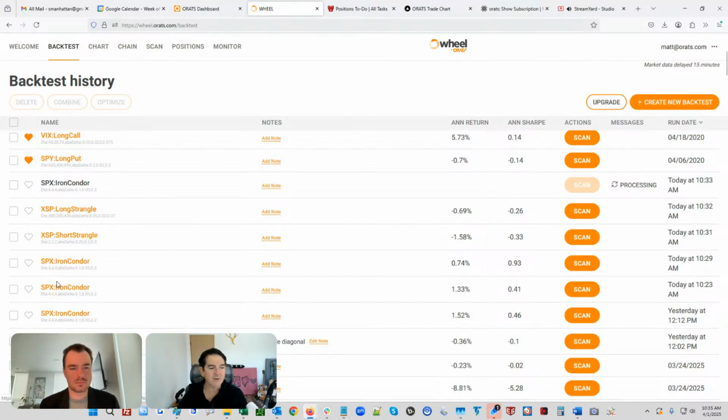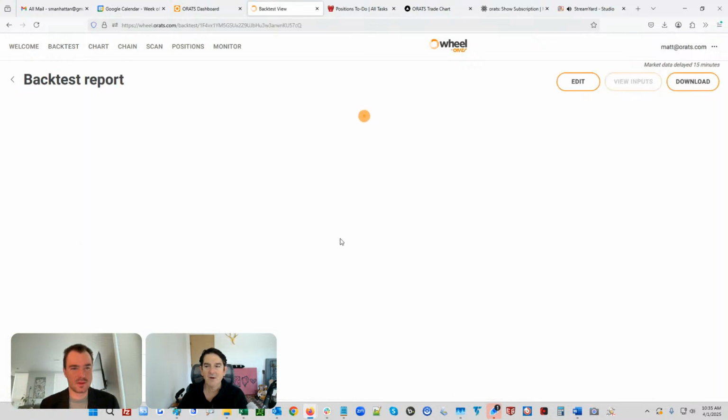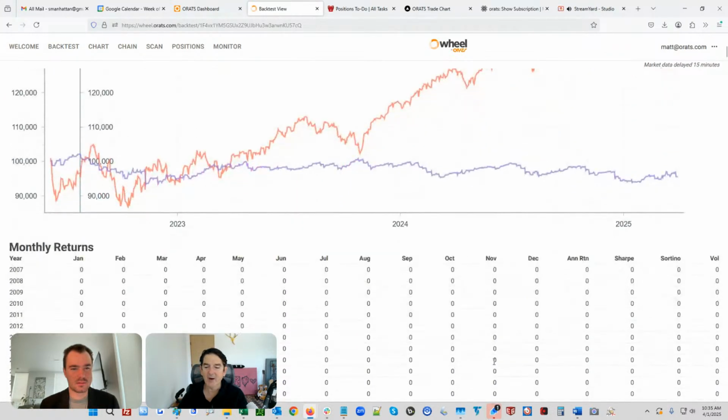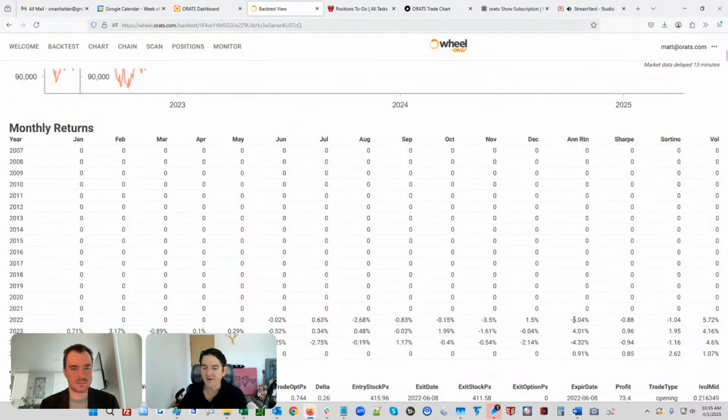So we are getting some results here. For some reason that short strangle didn't do very well, and the long strangle didn't do very well. Again, I did it one day, way out of the money. So this wouldn't be that good to combine, but this is just an example of a particular trade.